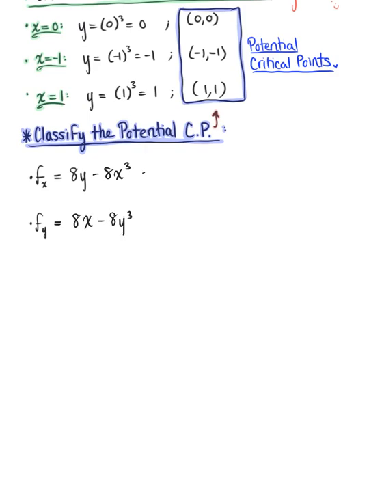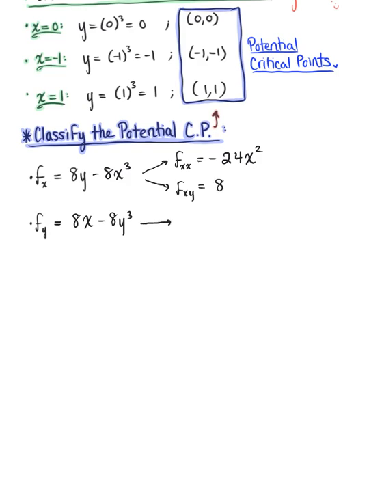So for the discriminant, we need the second order partial derivative of x with respect to x, which is going to leave us with a -24x squared. We need the second order mixed partial derivative. So we have the second order partial of x with respect to y is leaving us with 8.